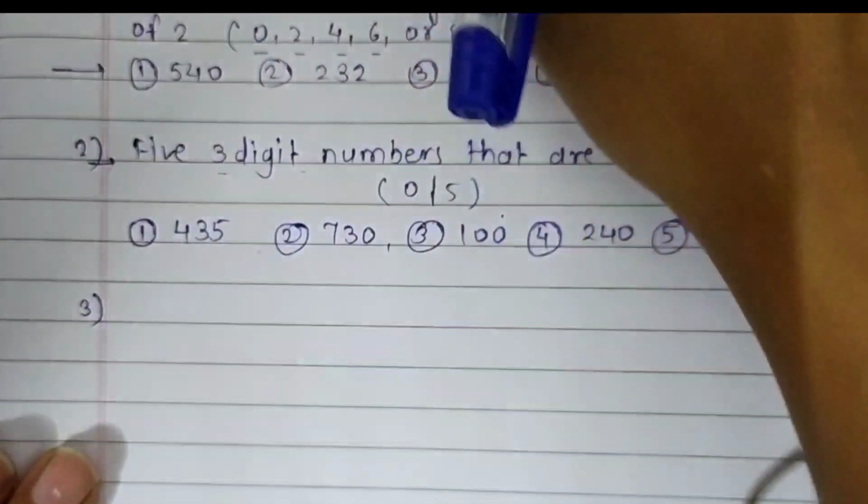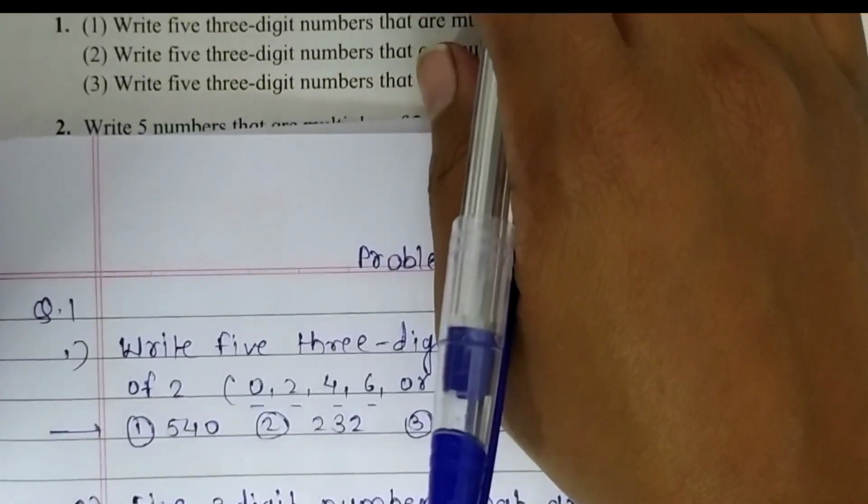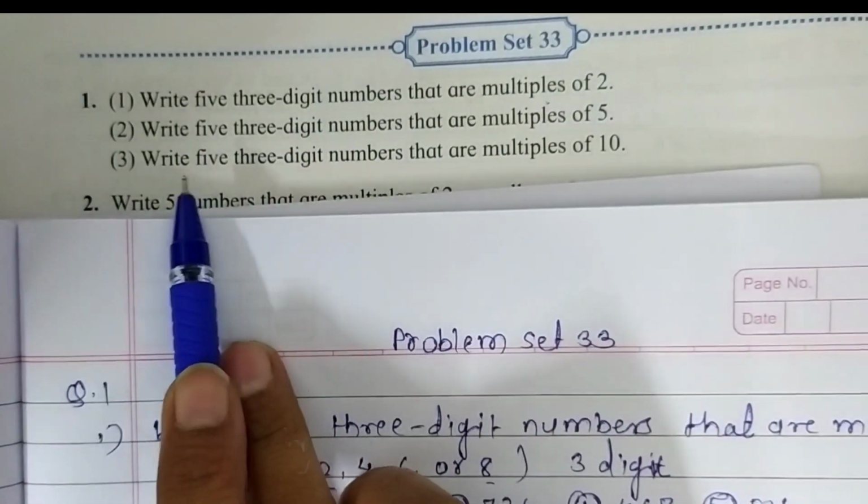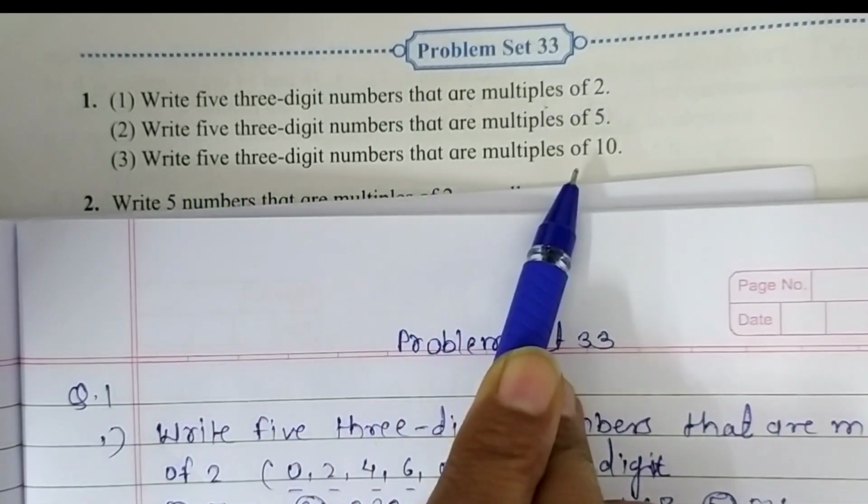Third question is, write 5 3-digit numbers that are multiples of 10.